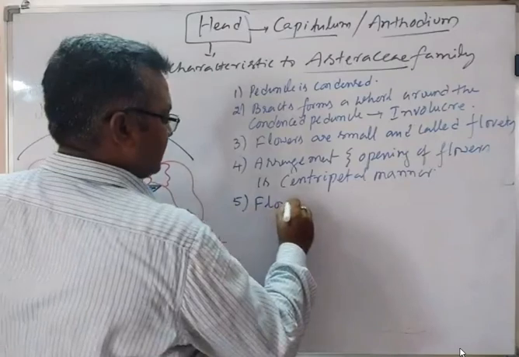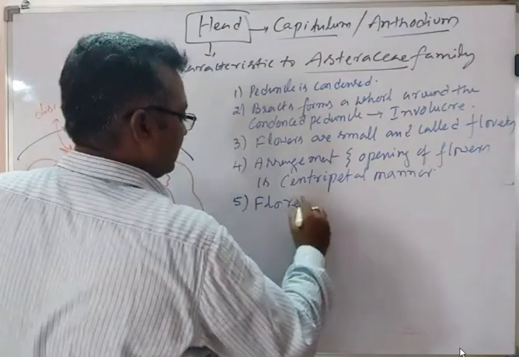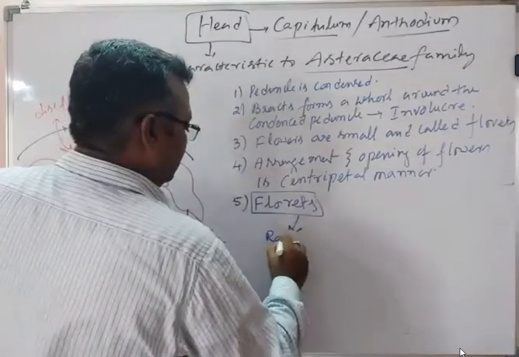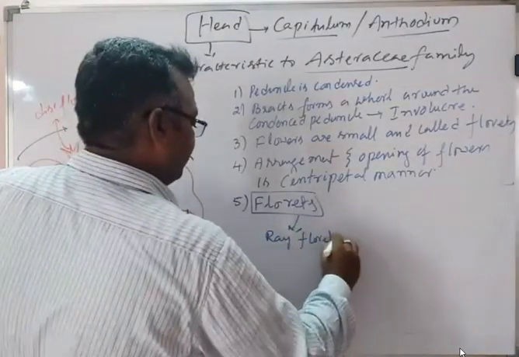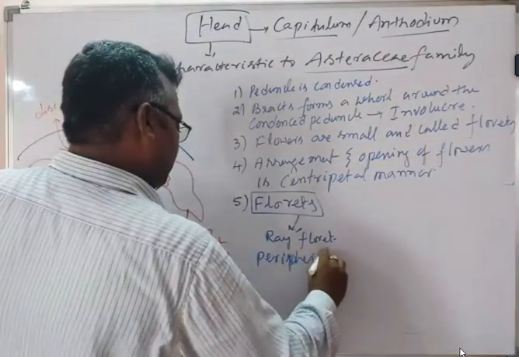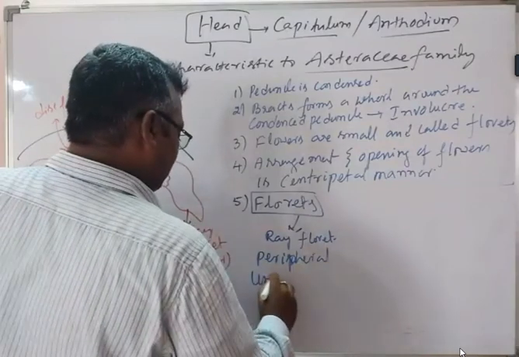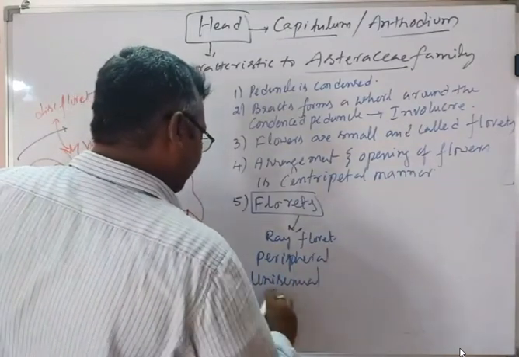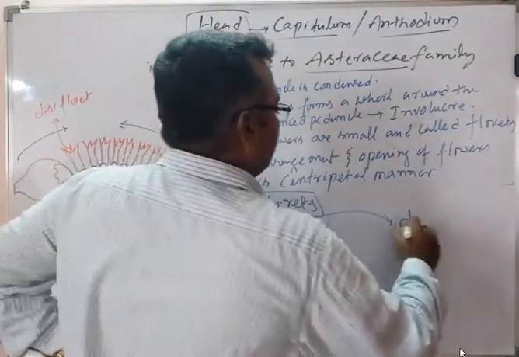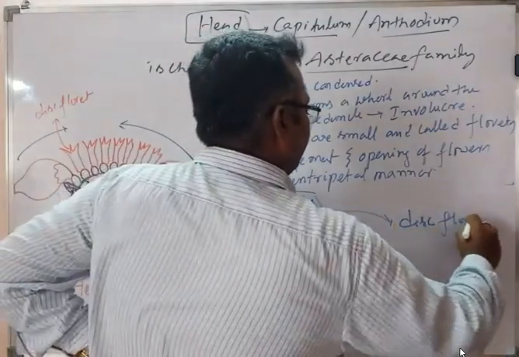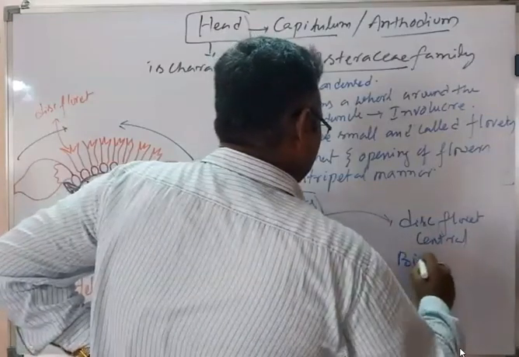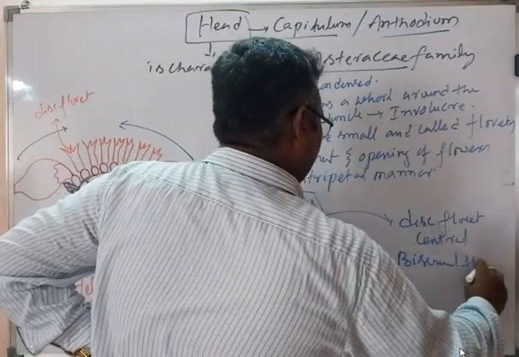Florets are of two types. Ray floret: peripheral, unisexual, female. Disc floret: central, bisexual floret.